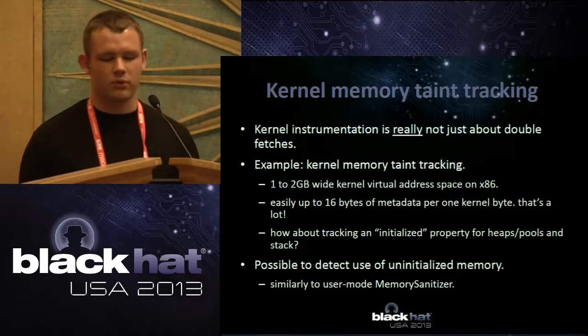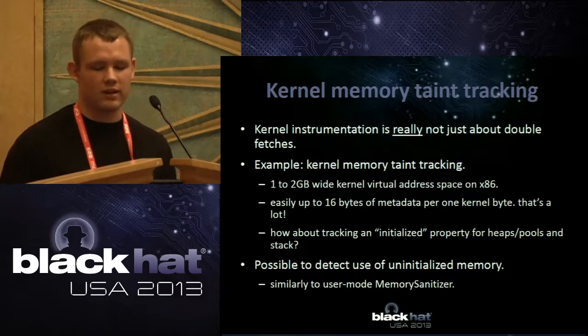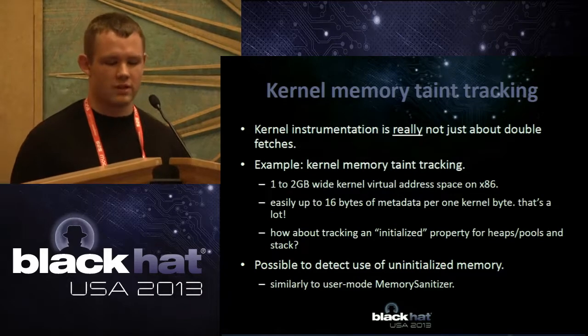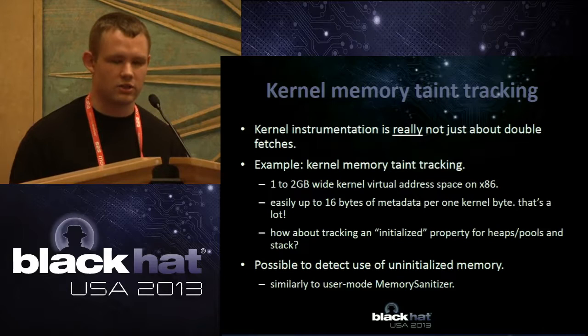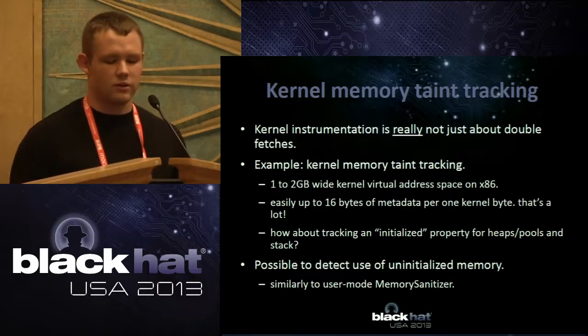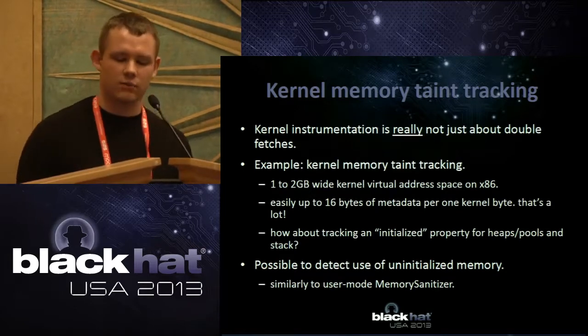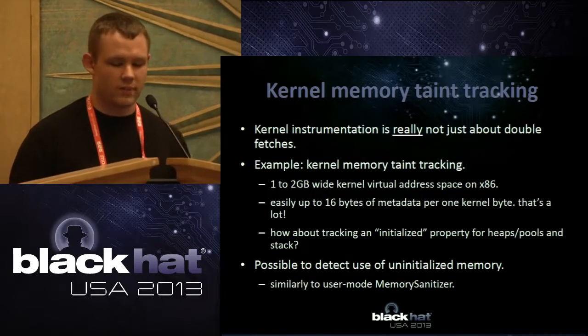One potential application of that could be doing taint tracking of kernel memory. On 32-bit Windows, for example, or any other operating systems, you have a 1 to 2 gigabyte wide kernel address space, which is not too much. Considering the current amounts of RAM that you can have in your computer, you can easily have up to 16 bytes of shadow memory describing a single kernel byte, which is a lot of information that we could store there.